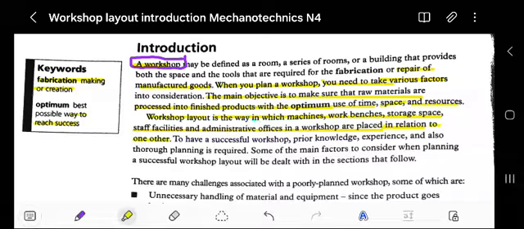This is how you can define the workshop layout. This is the definition of a workshop layout.